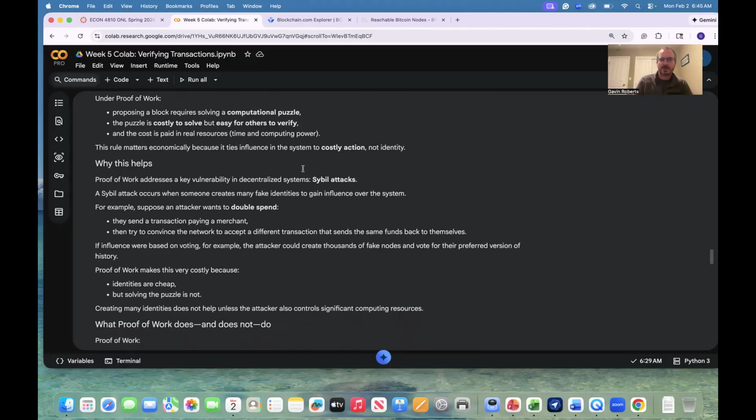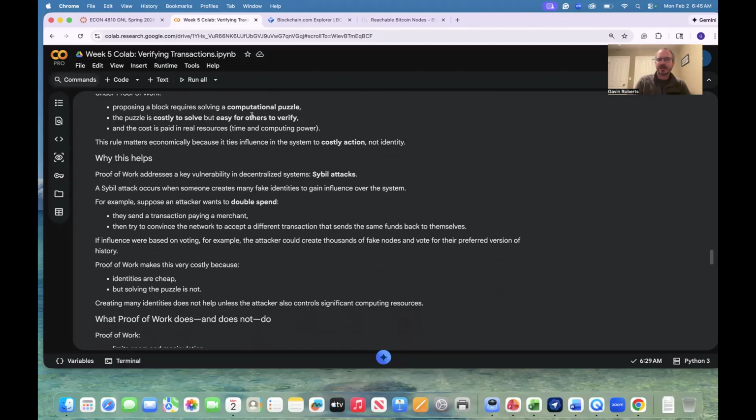So under proof of work, proposing a block requires solving a computational puzzle. The puzzle is costly to solve, but easy to verify. So this idea comes up, that part of something is costly, but part of something is easy.